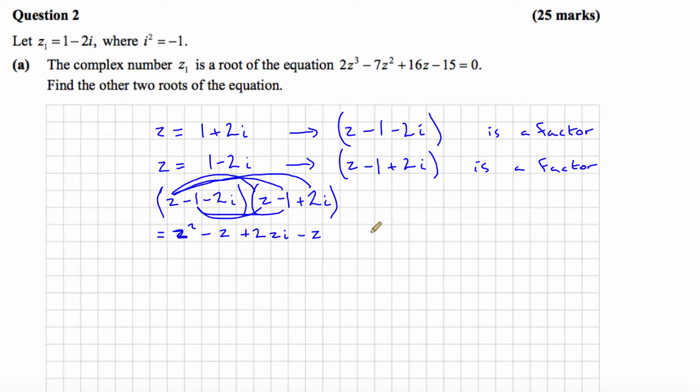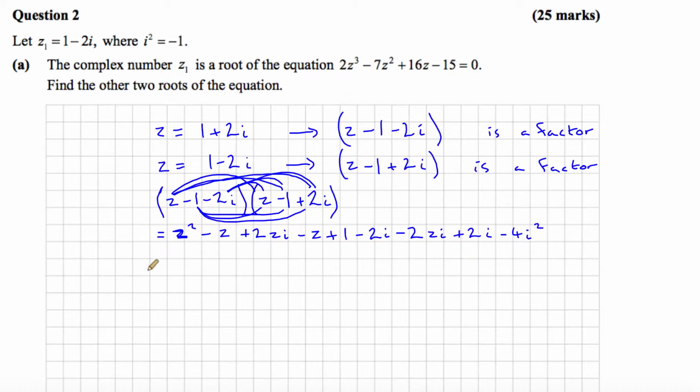Minus 1 times minus 1 is plus 1. And minus 1 times plus 2i is minus 2i. Finally then, I've got the third term here. Minus 2i times z is minus 2zi. Minus 2i times minus 1 is plus 2i. And minus 2i times plus 2i is minus 4i squared.